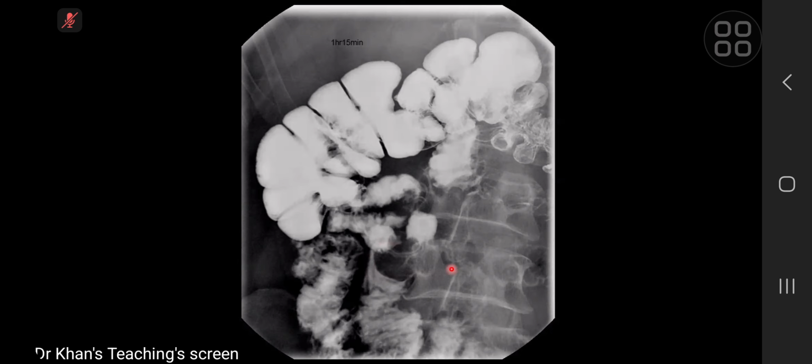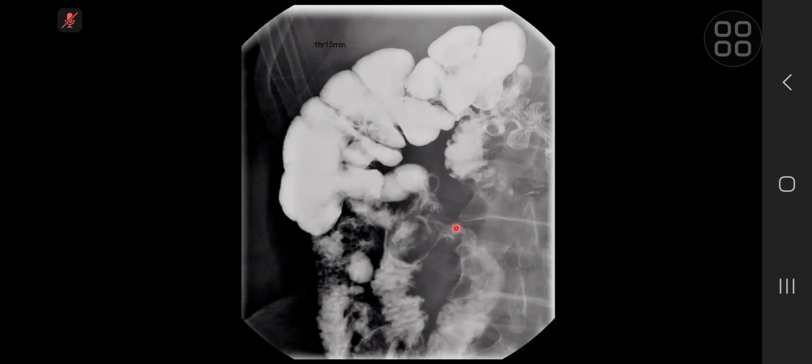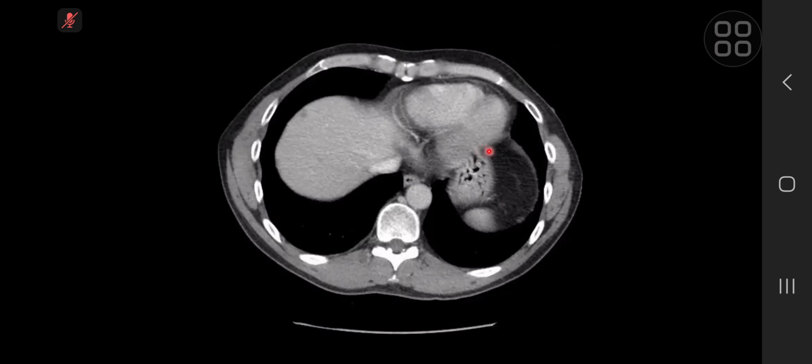And the same thing you will see on a CT scan. Then we did a CT scan, and here once again, you can see that there is a filling defect within the small bowel, not causing any obstruction. Now, on this CT scan, first thing is that if you look carefully in the liver parenchyma, you can see multiple cysts.